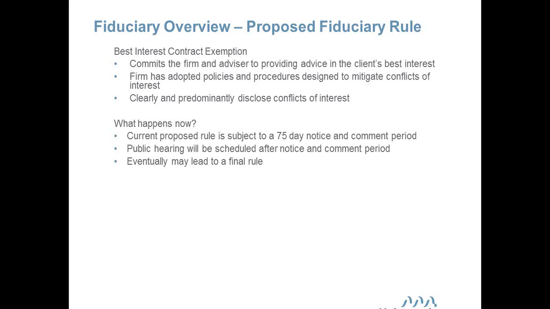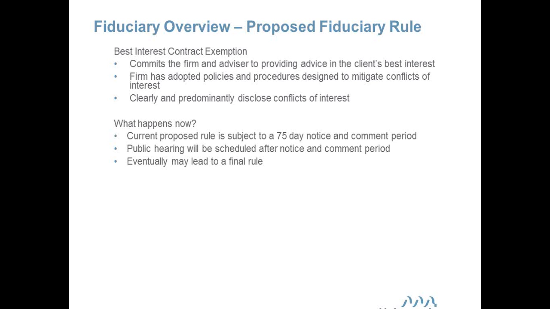So that's going to be a contractual provision. Under the contract exemption, the firm has to adopt policies and procedures that are designed to mitigate conflicts of interest. That is a requirement that's currently under the SEC rules. Form ADV, if you look at any investment advisor's ADV, they'll give you some information about their policies and procedures and how they mitigate conflicts of interest.